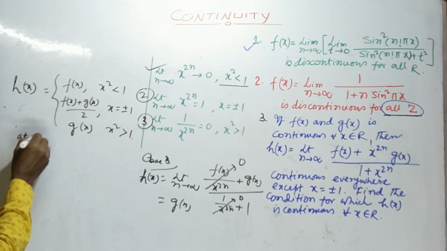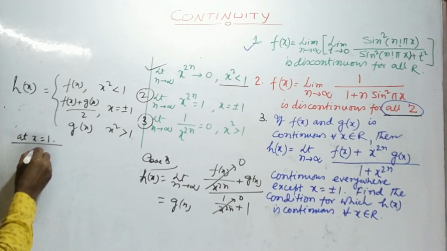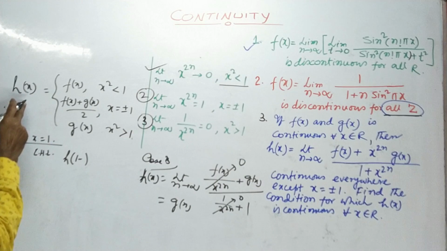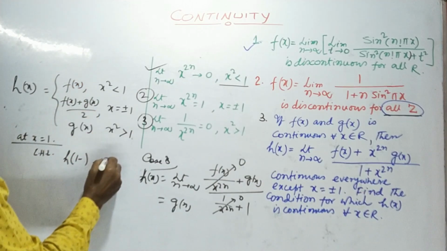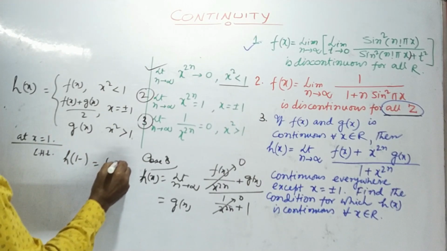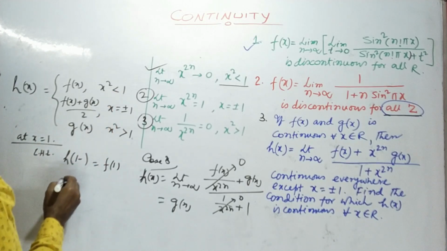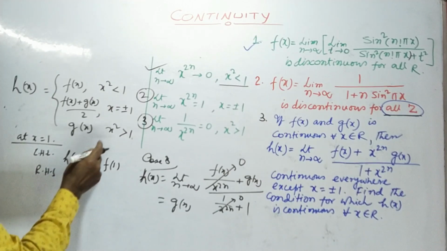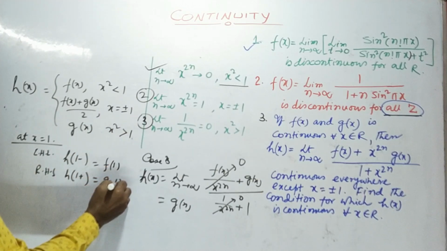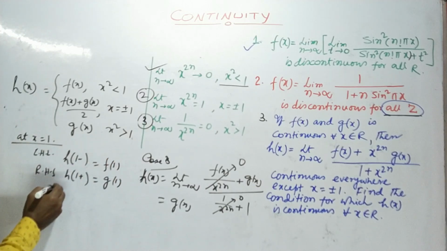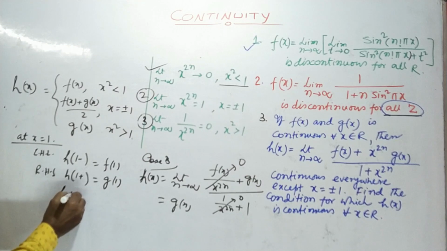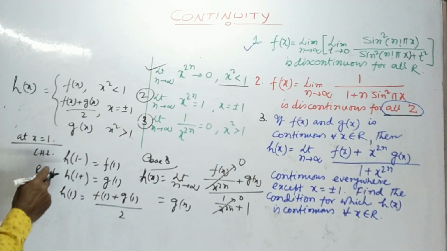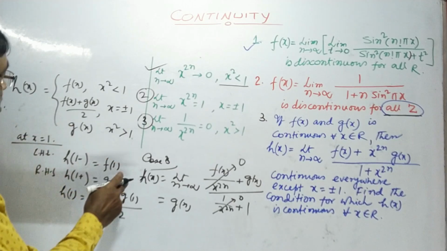Suppose at x equals 1, the left hand limit h(1 minus) is f(1), and the right hand limit h(1 plus) is equal to g(1). Also h(1) equals (f(1) plus g(1)) by 2.